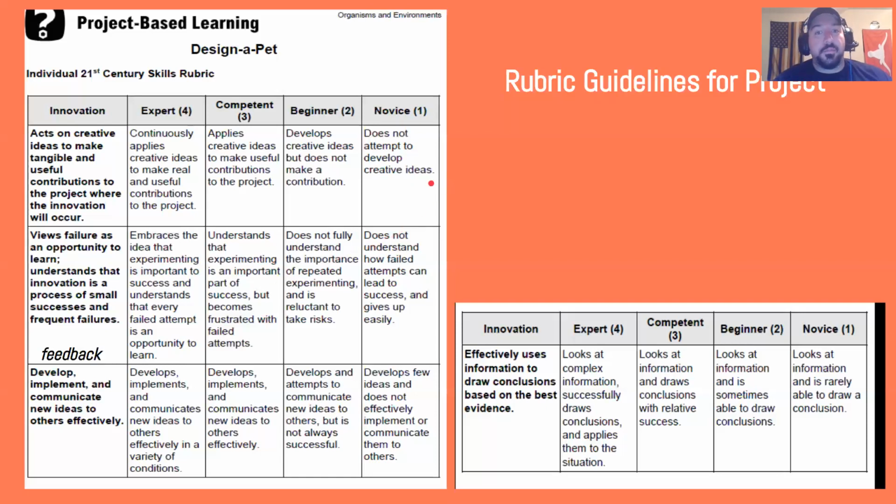Does not attempt to develop creative ideas, does not understand how failed attempts can lead to success, and gives up easily. Okay. As we stated in our last video that we posted for April 27th, we told the students straight up, you're going to have to really look into each parent animal before you even submit your thought. Okay. I know for my classes, we did a kind of a test run of this just to get the juices flowing.